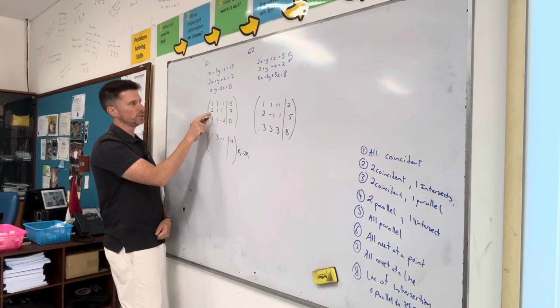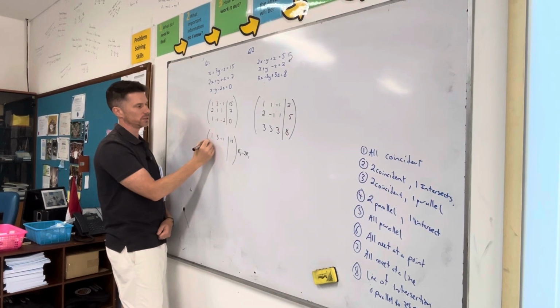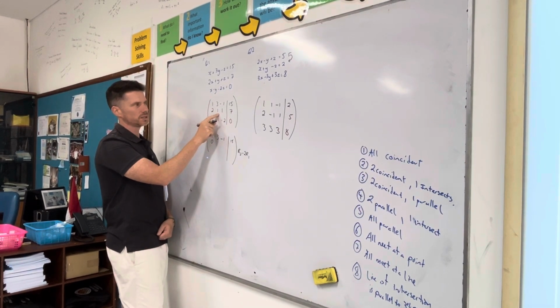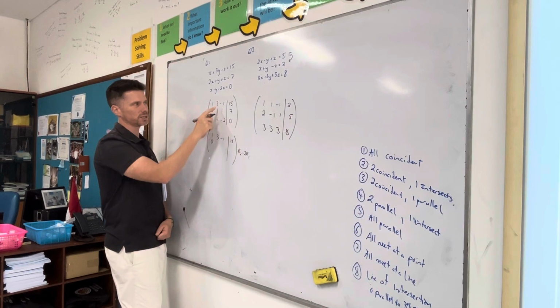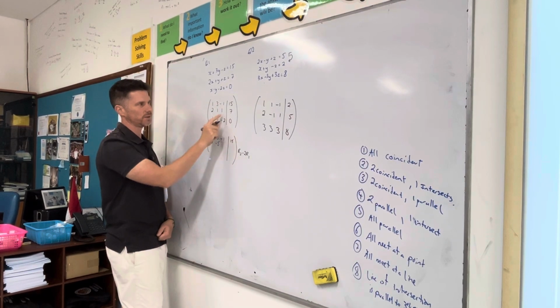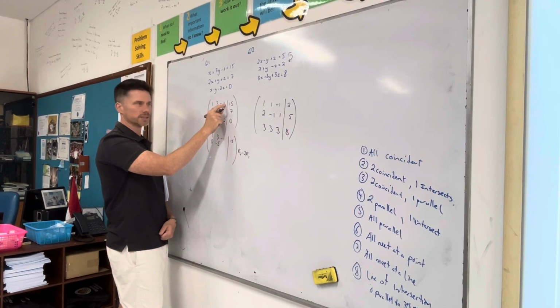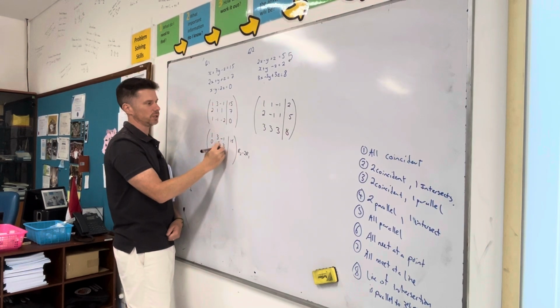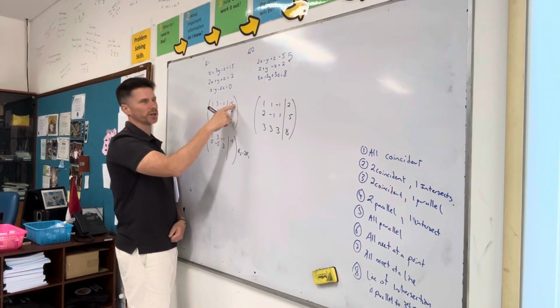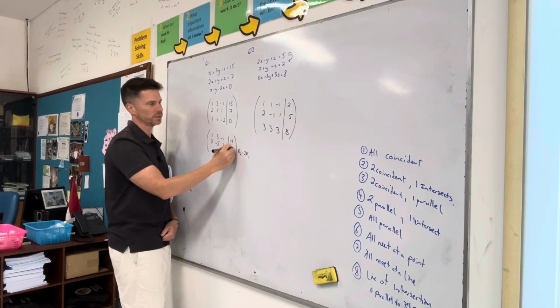So row 2 is 2 take away twice that is 0. This, take away twice this is negative 5. This, take away twice this is 3. This, take away twice this is minus 23.